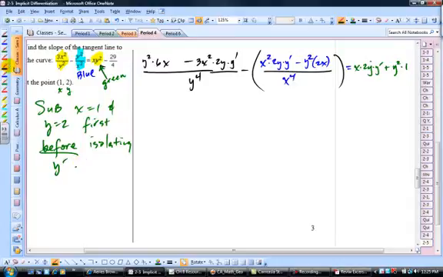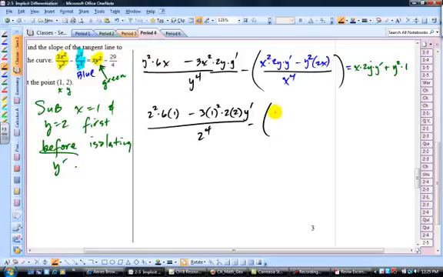I'm going to, everywhere I see y, I'm going to put a 2. So I've got 2 squared times 6 times 1 minus 3 times 1 squared times 2 times 3, times 2 times y prime there, all divided by 2 to the 4th, minus 1 squared, so we have 1 squared is 1 times 2, so 1 times 2 times 2, so y is 2 there, times y prime, minus 2 squared times 2 times 1, all divided by 1 to the 4th.